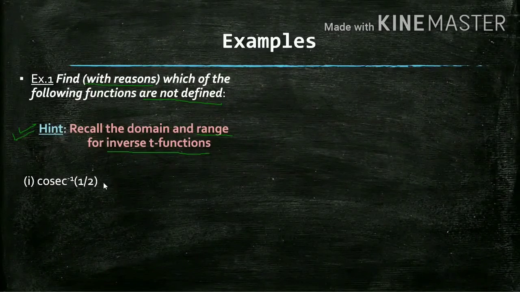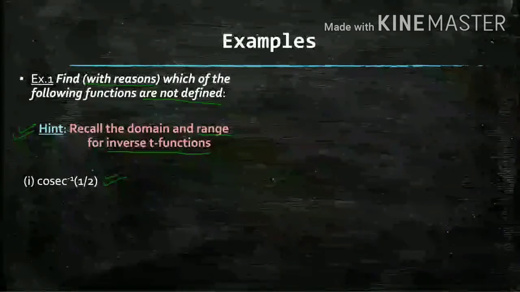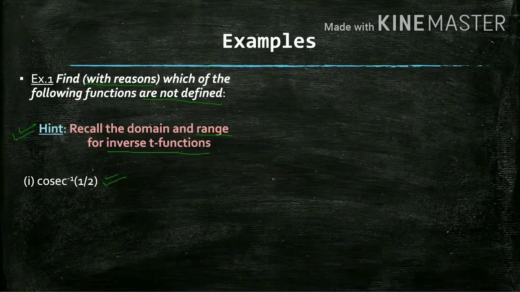First question is cosec inverse half. As I am discussing these examples, you can do one thing. Pause the video after the question and then resume after you are done. Okay. So basically, first you need to verify whether cosec inverse is defined in this range or not.